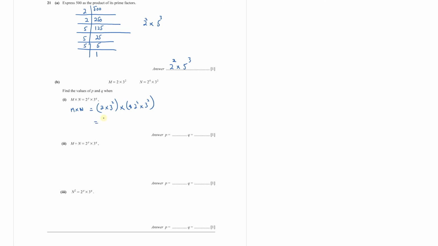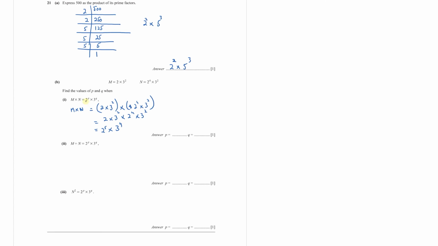So you can open up the brackets, you get 2, 3 squared, 2 power 4 into 3 squared. So now you have to represent it in the form 2 power something, 3 power something. So you multiply the 2's together and 3's together as well. So this is power 4, this is power 1. So you're multiplying, so you add the powers. So you get 2 power 5. And then for 3, both are power 2. So you add them, you get 3 power 4.